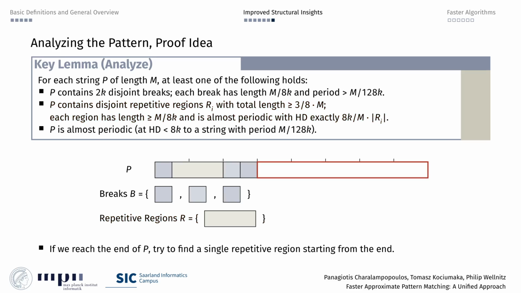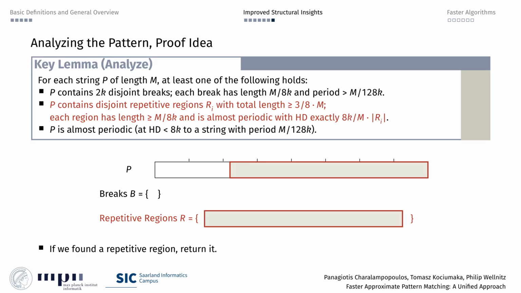However, if by searching for a repetitive region we reach the end of P, we need to do some extra work. Namely, we discard all breaks in repetitive regions found so far and search for a single repetitive region starting from the end of the string. If we succeed, we can be sure that this repetitive region covers a constant fraction of P, so we can return it.